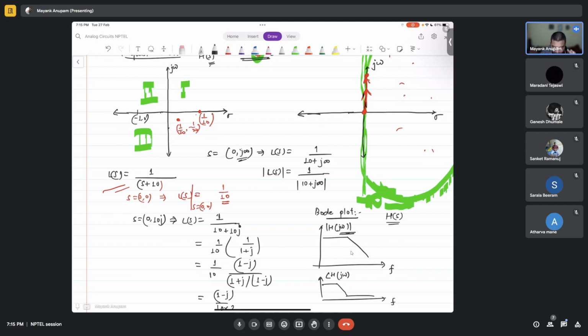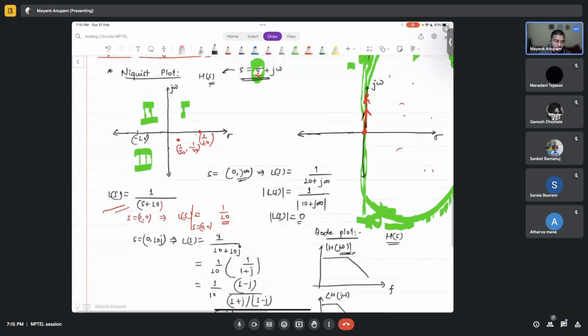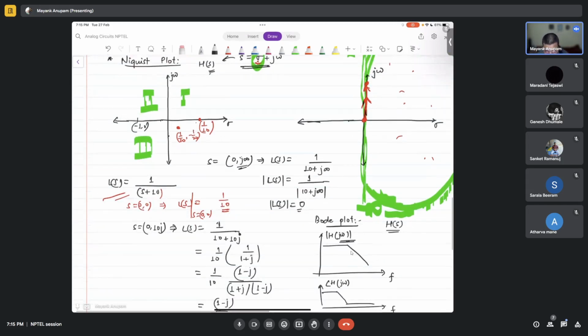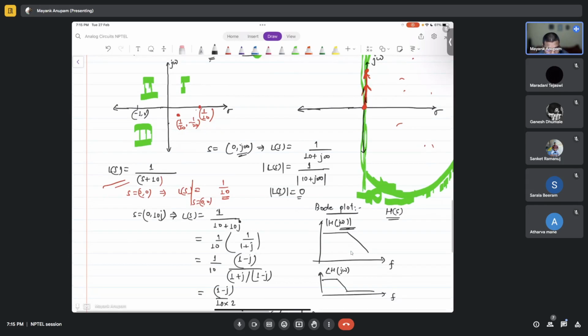What is the magnitude of 10 plus j infinity? It is infinity, and then when you take it in the denominator, the magnitude becomes equal to 0. So the magnitude is 0, and what will be the angle of this?